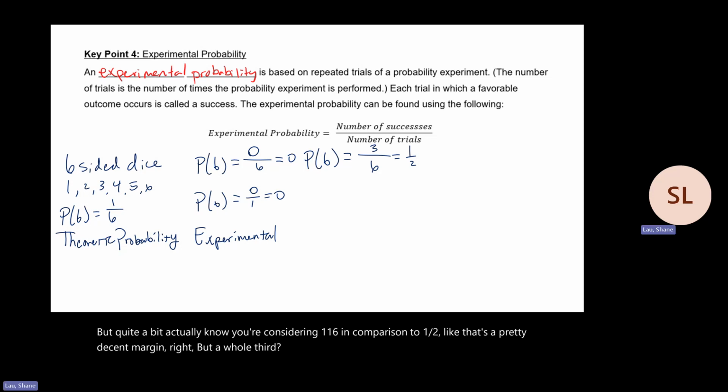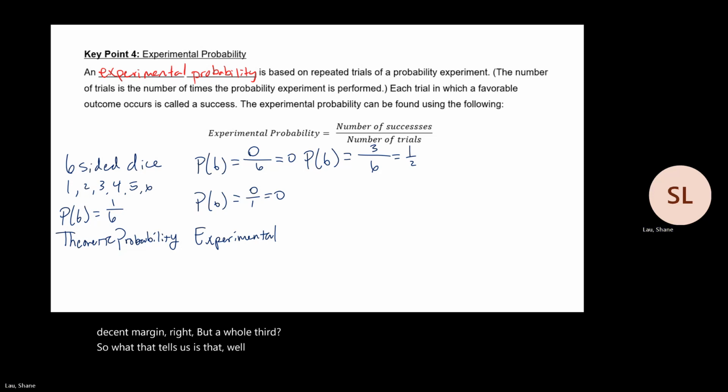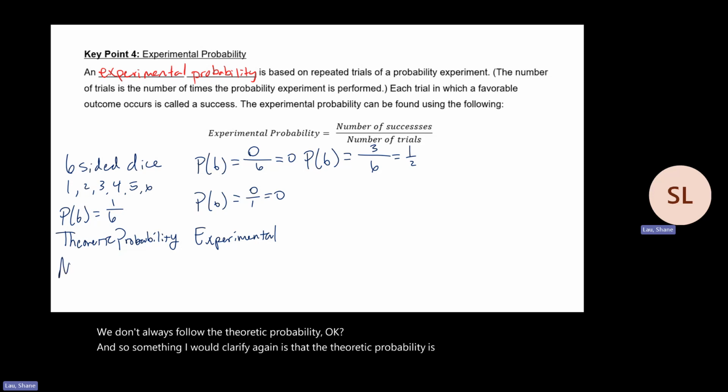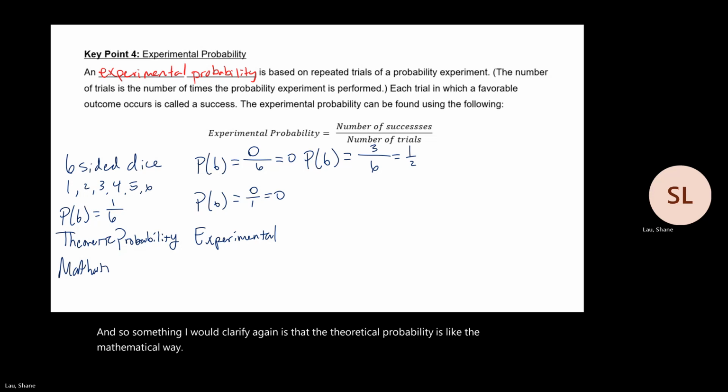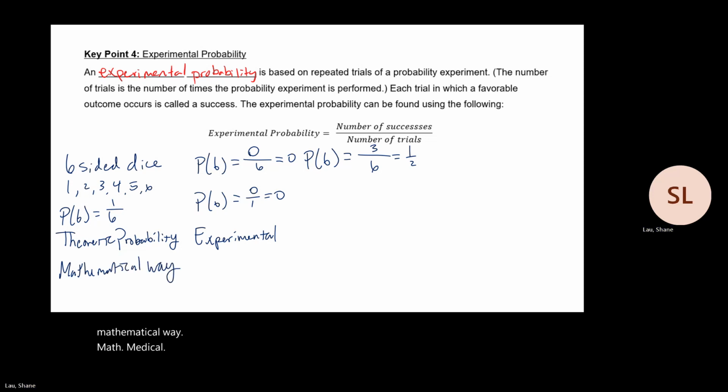So what that tells us is that, essentially, we don't always follow the theoretic probability. Okay. And so something I would clarify again is that the theoretic probability is like the mathematical way.